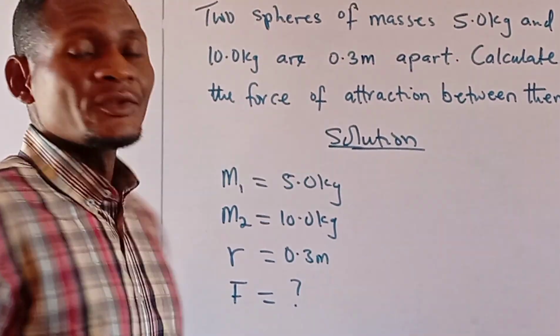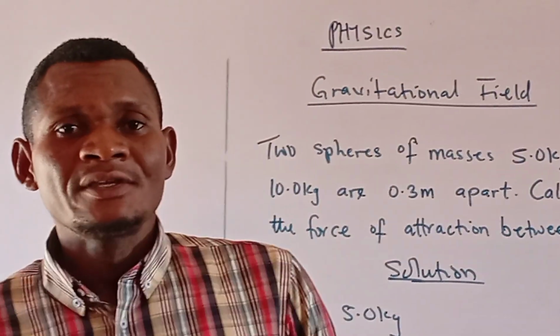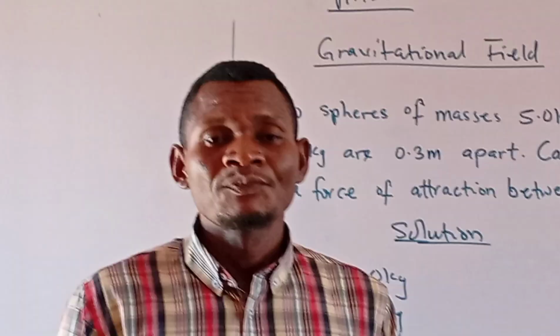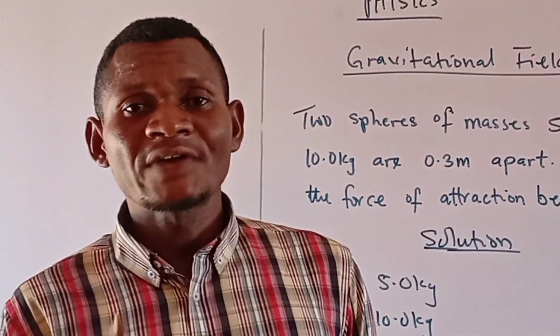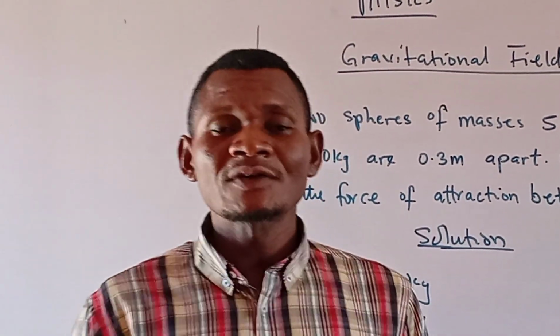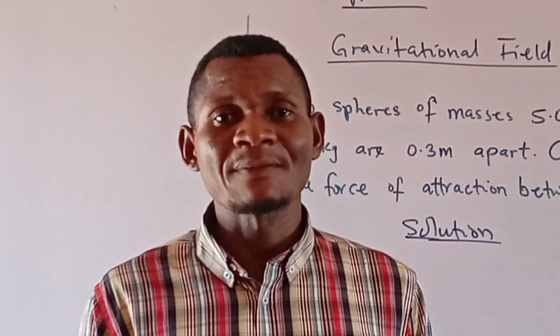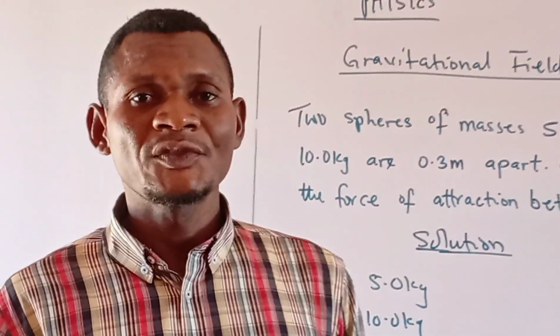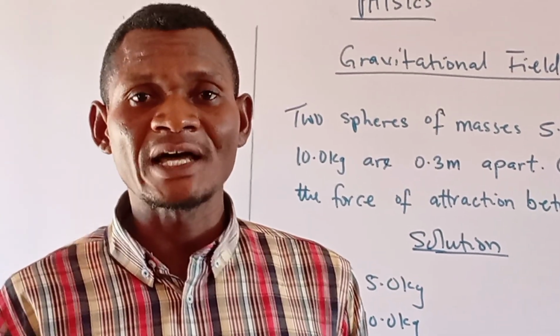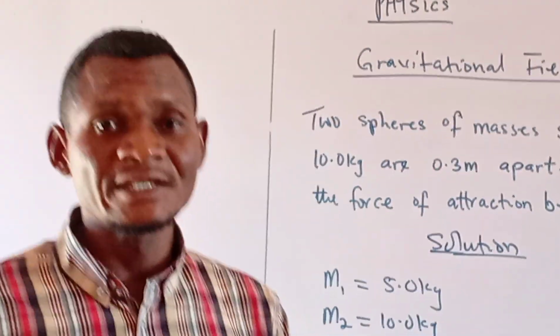So from Newton's law of universal gravitation, we say that the force of attraction between two masses of M1 and M2 is directly proportional to the product of the masses and inversely proportional to the square of their distance apart. We are going to use this law in order to obtain the formula where we can substitute and solve for the force as required in the question.